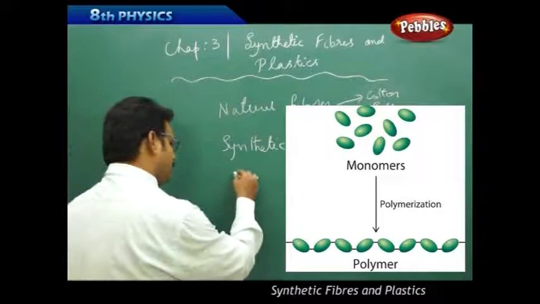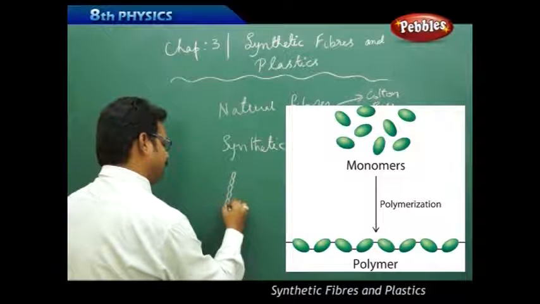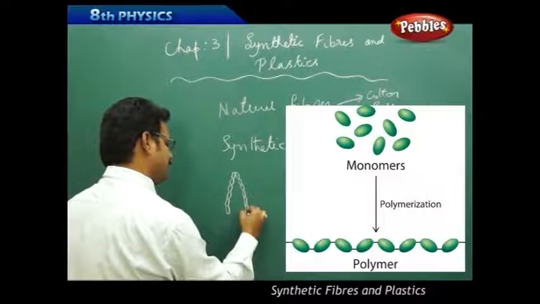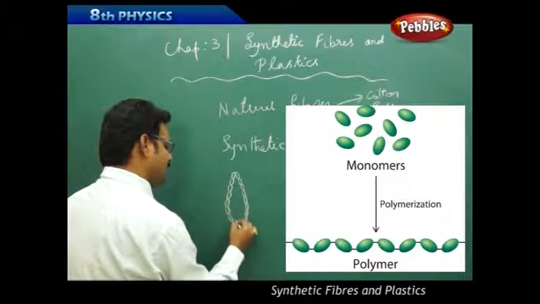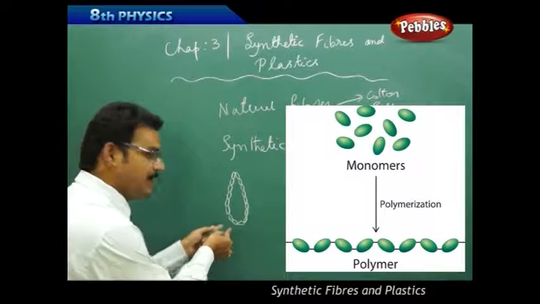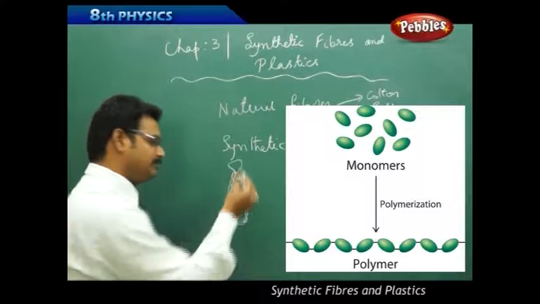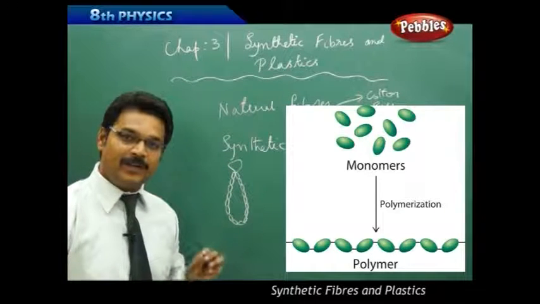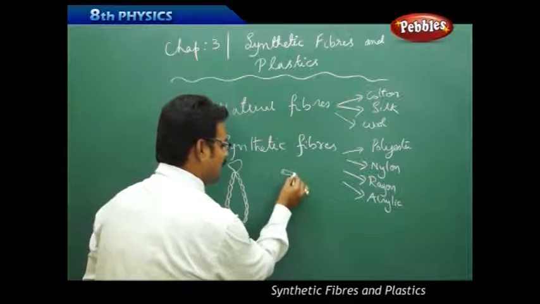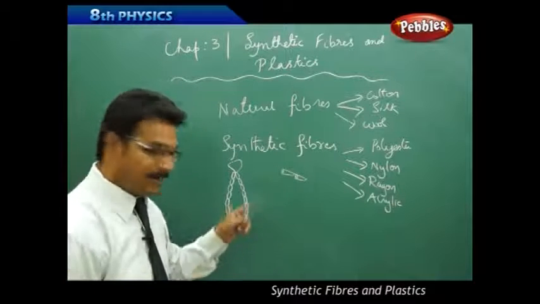You have a bead necklace like this. This is a number of beads, and these beads are connected to each other and form a perfect pattern and look like a necklace. Now take paper clips. You just attach two paper clips together. Now keep on attaching the paper clips together.